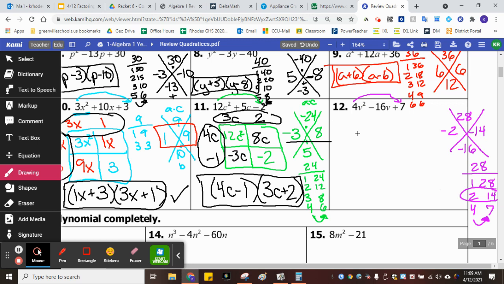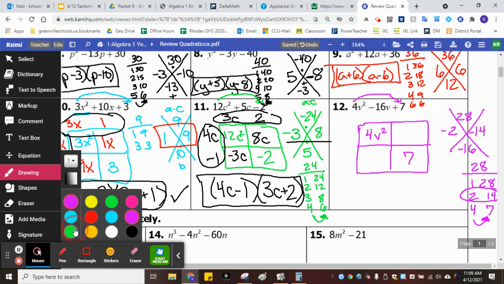And then we'll do the reverse box method. The first number goes up top. Last number goes on bottom. Then you're using your numbers, negative 2 with one v, negative 14 with another v.